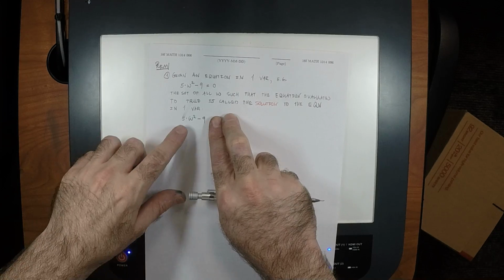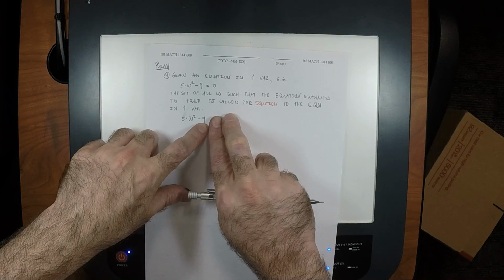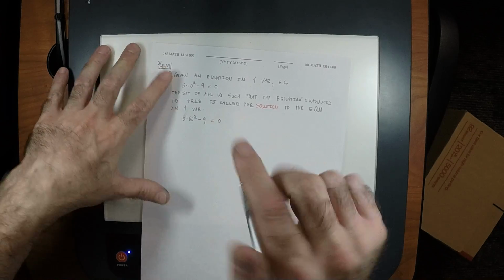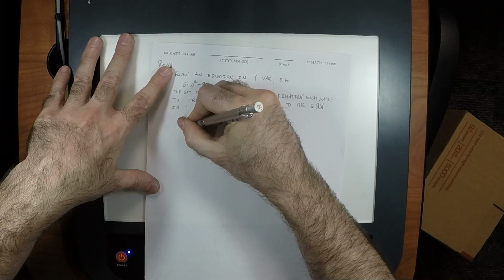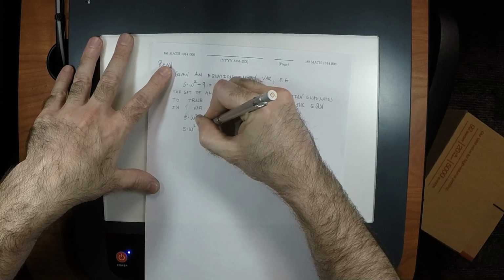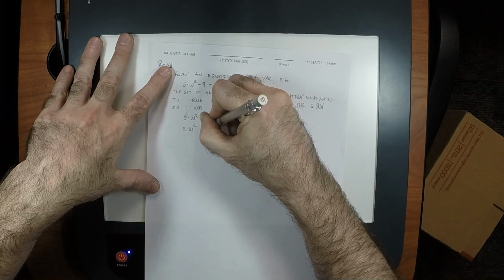So how can 9 be written as a square? 3 squared, right? So making a little bit of progress, this is minus 3 squared like that.